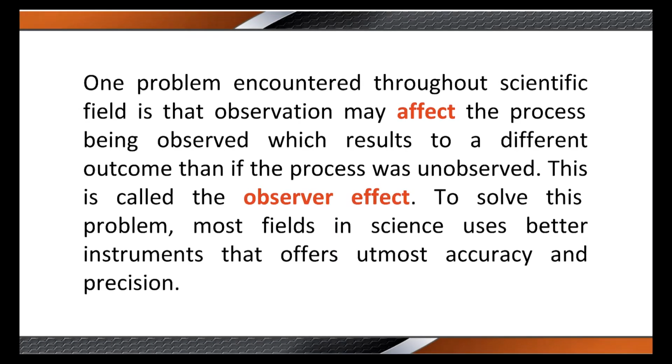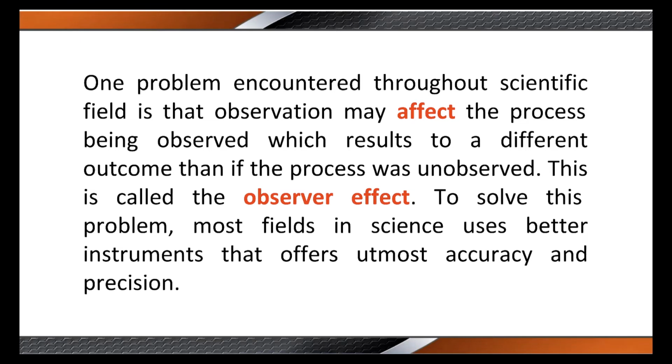One problem that we encounter throughout the scientific field is that observations may affect the process of being observed, which results in a different outcome than if the process was unobserved. Now that's a real wordy way of saying this.